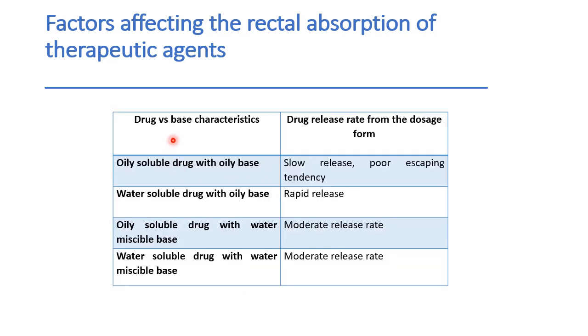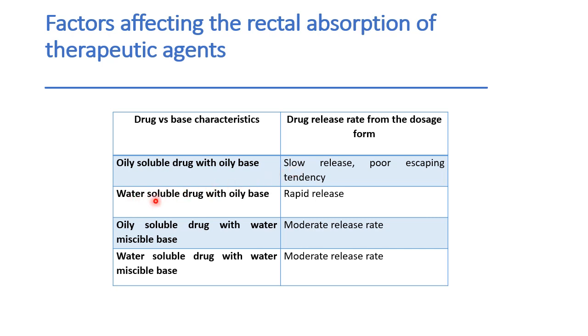This table shows the non-specific interaction between the active ingredient and the base and the effect on drug release rate from the dosage form. So if we have an oil-soluble drug incorporated into an oily base, this will result in slow release and poor escaping tendency from the dosage form.